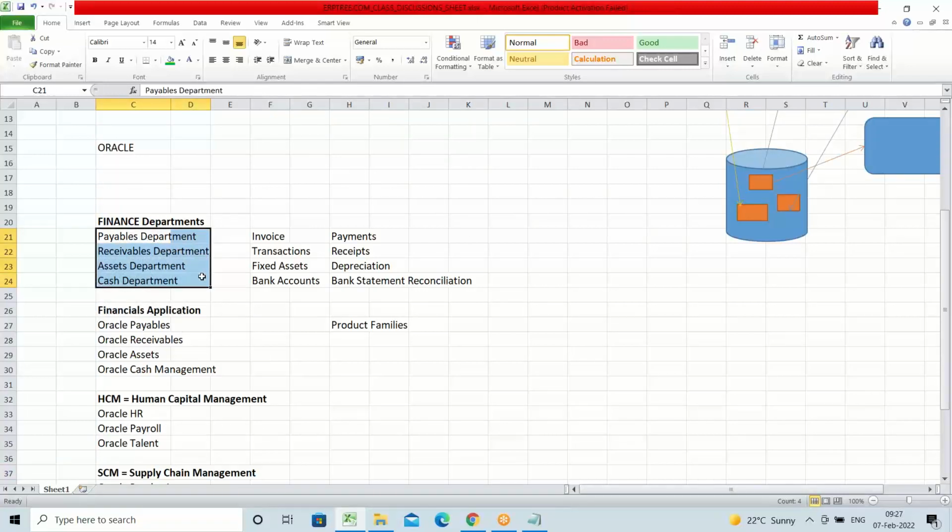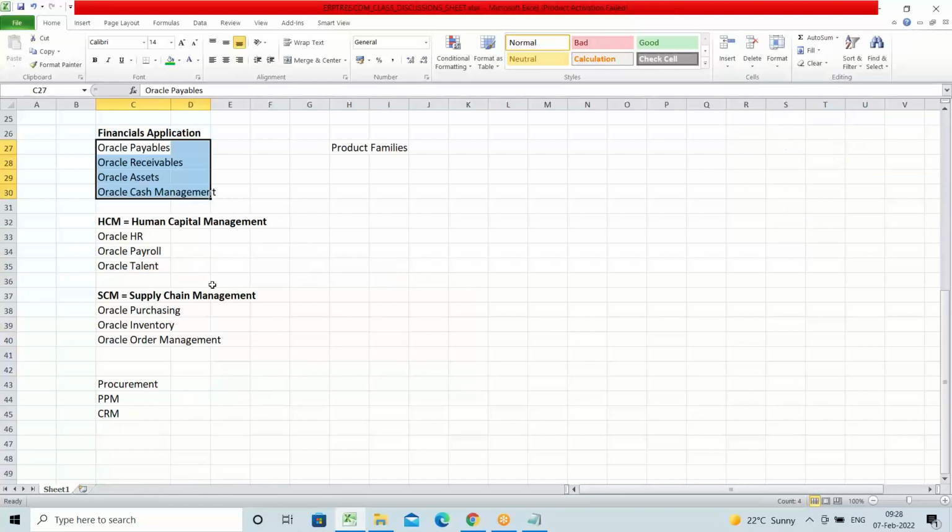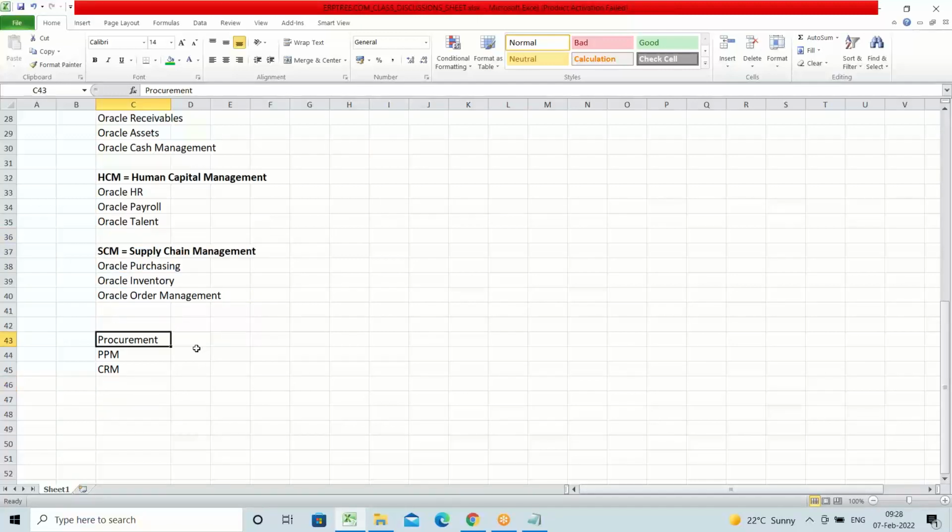So finance related departments we call finance departments. For finance departments, the applications we have we call financial applications. In the same way, for people related departments, people management, for all those we have applications like HCM, Human Capital Management, SCM, Procurement, and each and every product family to manage that relevant business data will have separate applications.